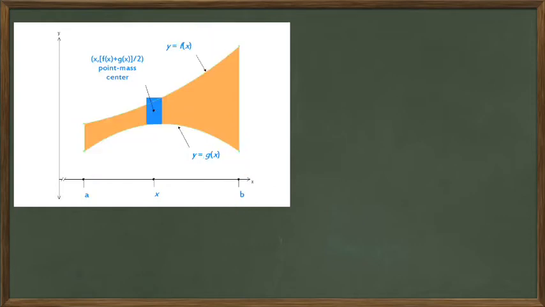So here's how we figure out the formula for getting the center of mass of an irregularly shaped object like this. We take a representative slice of the object, a rectangular slice, and we assume that the center of mass of that slice is at the very center of the rectangle. The x value of the center of that rectangle we mark as the center of mass, x bar, y bar.